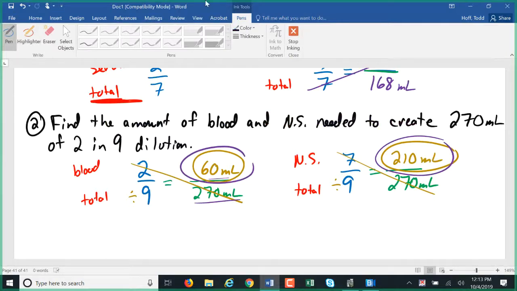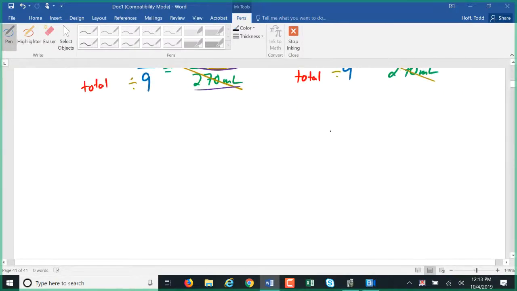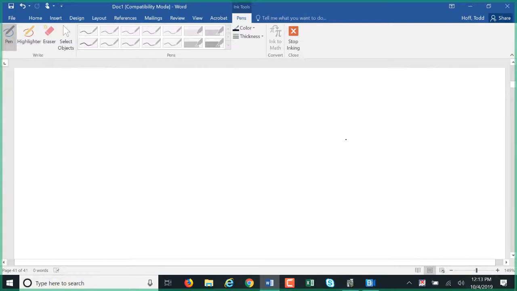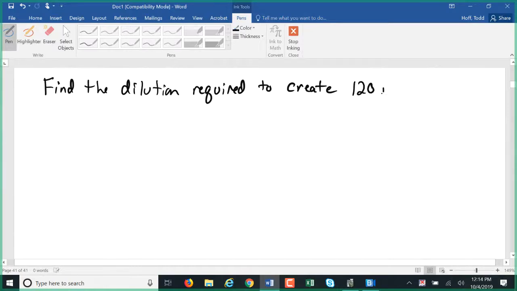Okay, now we're going to shift gears ever so slightly here. Still discussing a dilution, but we're going to tie it in with concentration. Find the dilution required to create 120 milliliters of 25% solution.